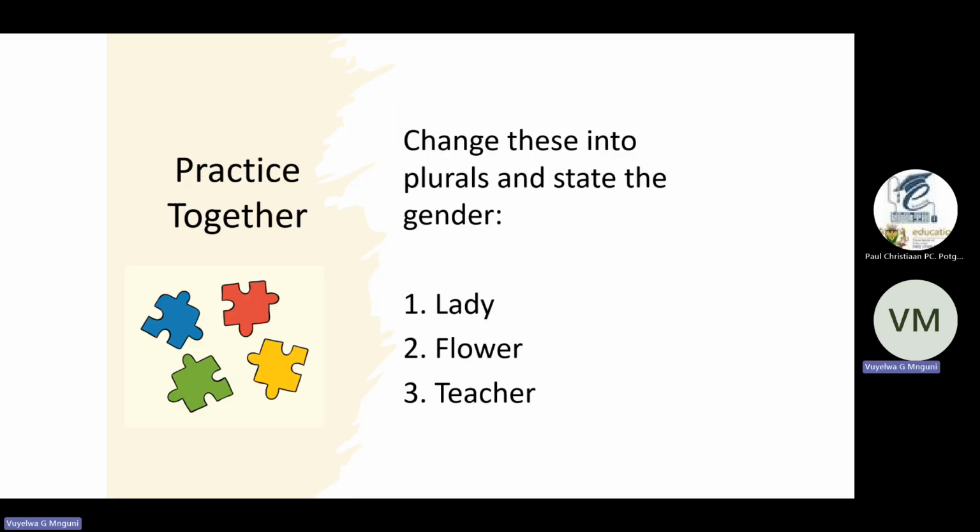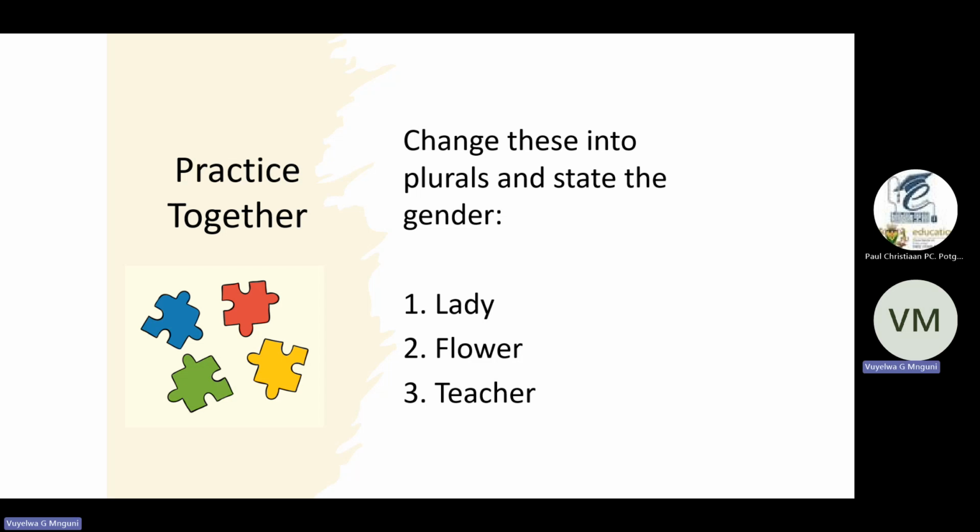Let us now practice together whether we understood. Remember, if you want to change these nouns into plural and identify their gender, you have to determine whether this is regular, irregular, common, or neuter. Let us look at the examples given there. We have lady.